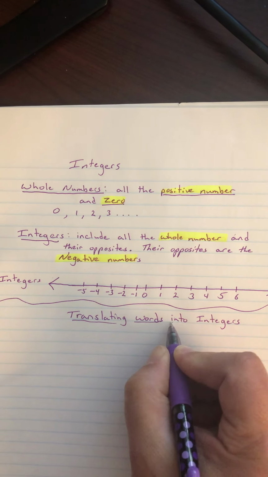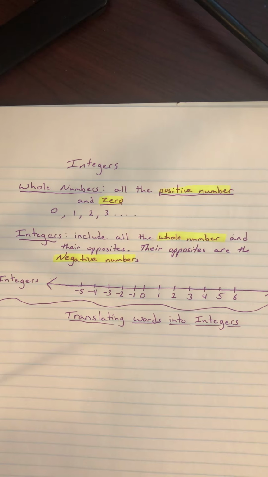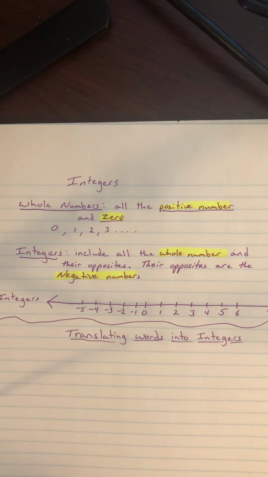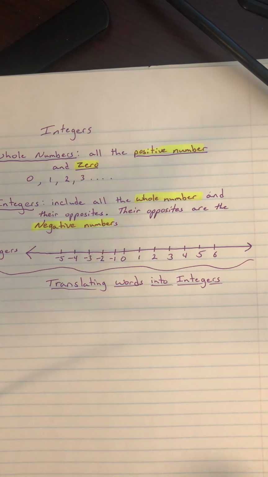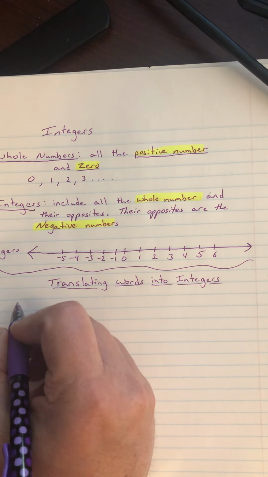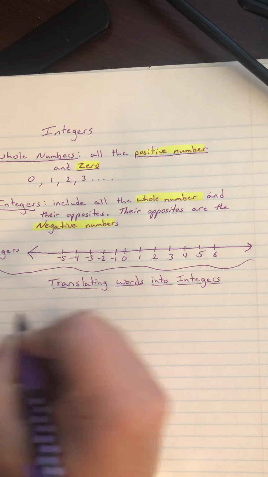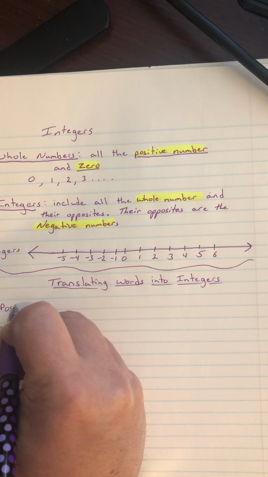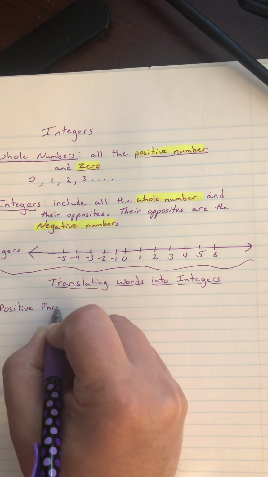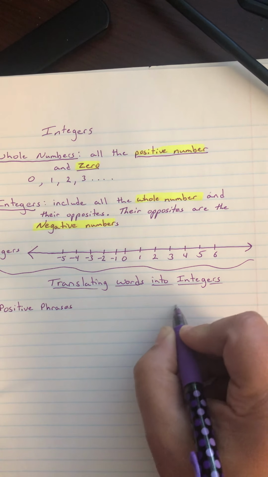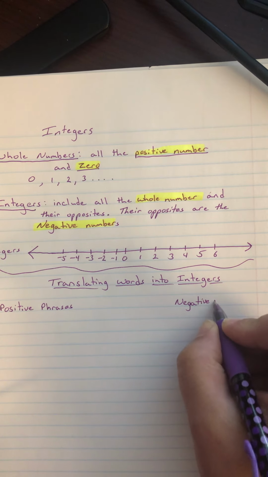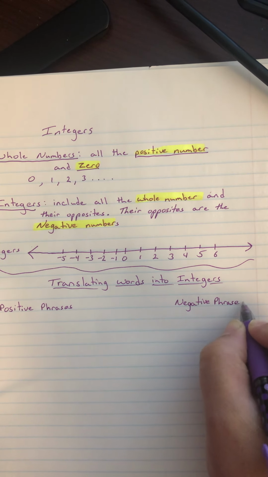So that's one of the first lessons, one of the first assignments they ask you to do is take a sentence and tell us what the number value would be for that sentence. So some key terms, some hints. What I would call the positive phrases or words and the negative phrases.